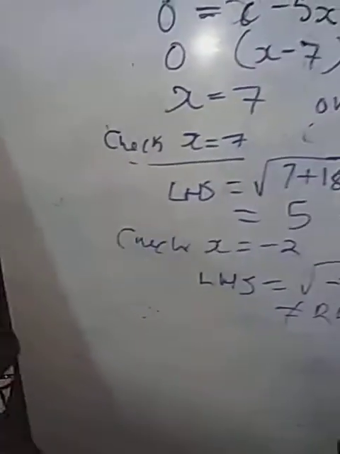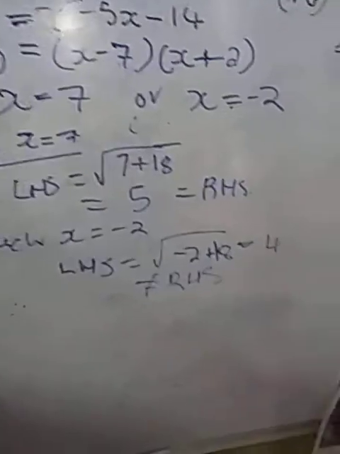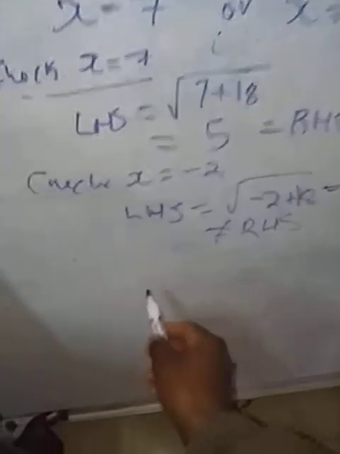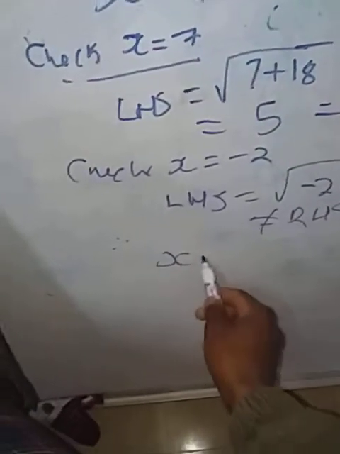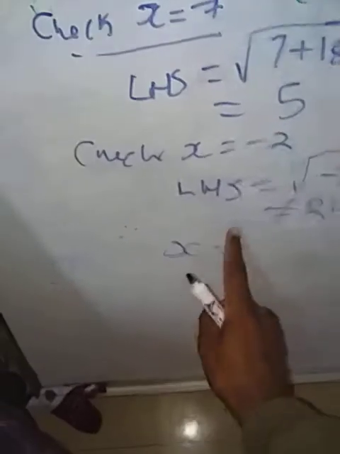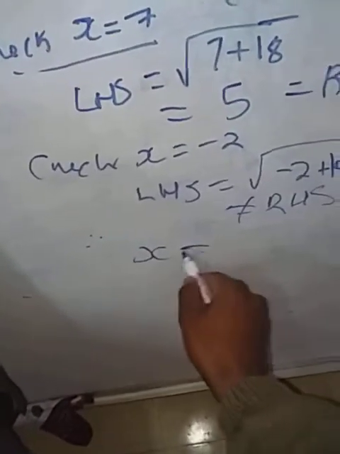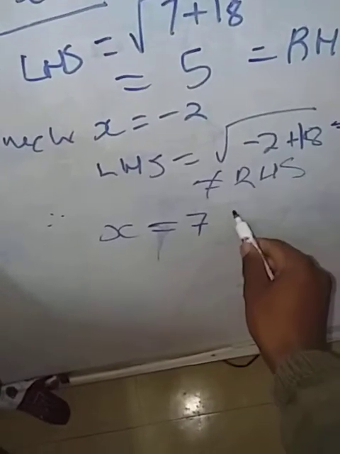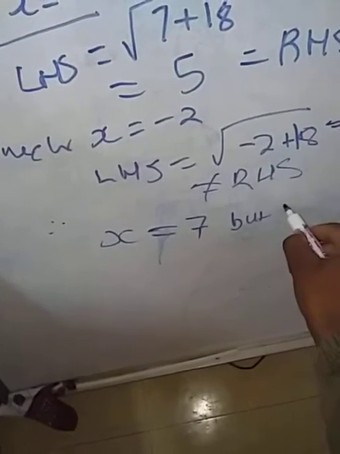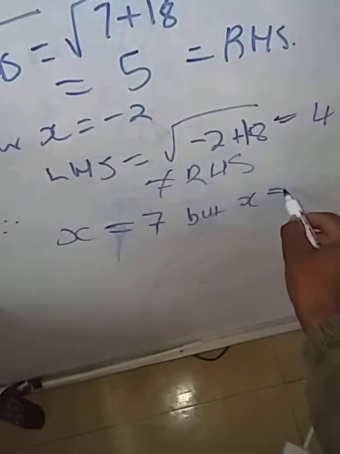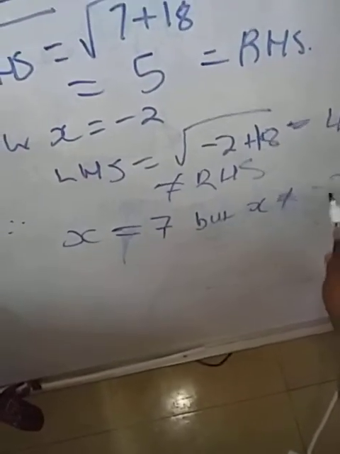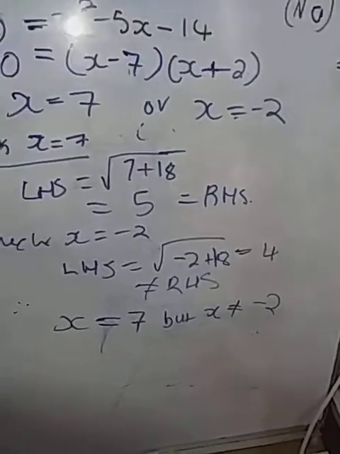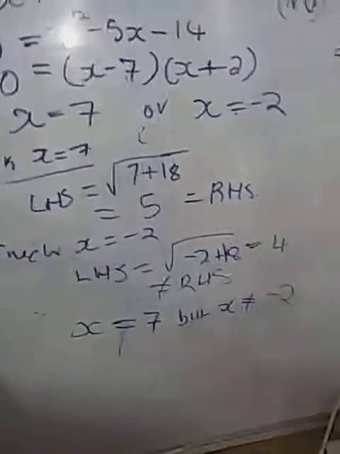Here we care about notations and numbers. Therefore you can just do something like this: x is equal to 7, but x is not equal to negative 2. Then you can do something like this to avoid writing that long statement.